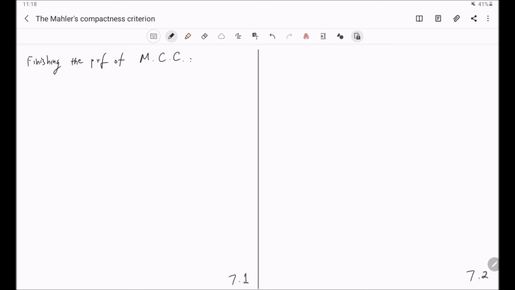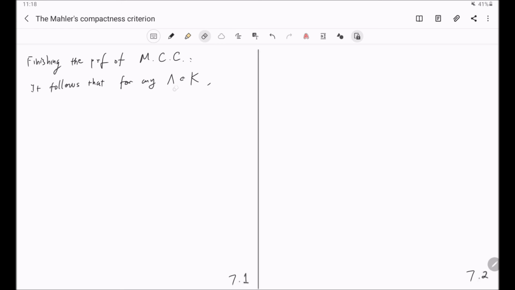Now we can finish the proof of Mahler's compactness criterion. It follows that for any lattice lambda in this given subset K as a beginning, remember we want to prove that this K is pre-compact.